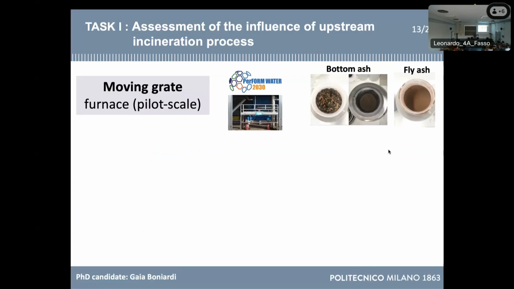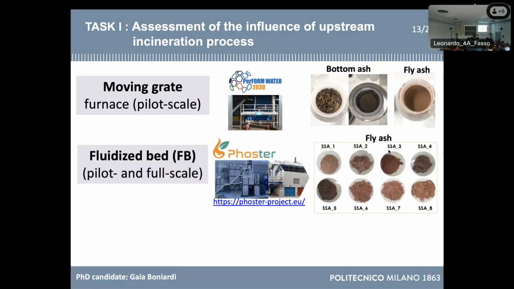In this project, we performed 3 different experimental campaigns, and we collected 6 different samples. Then, within the Foster project, which is a European-funded project, we collected ashes from fluidized bed incinerators located in the wastewater treatment plant of Milano San Rocco.